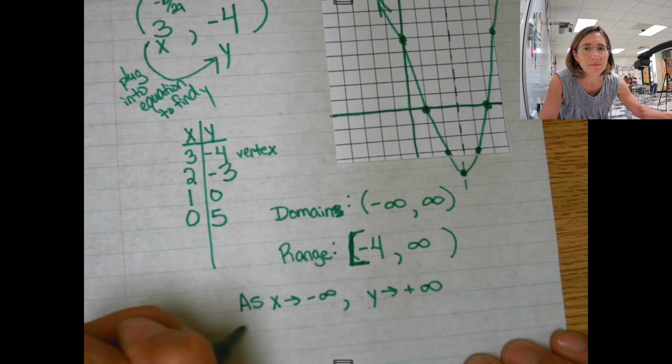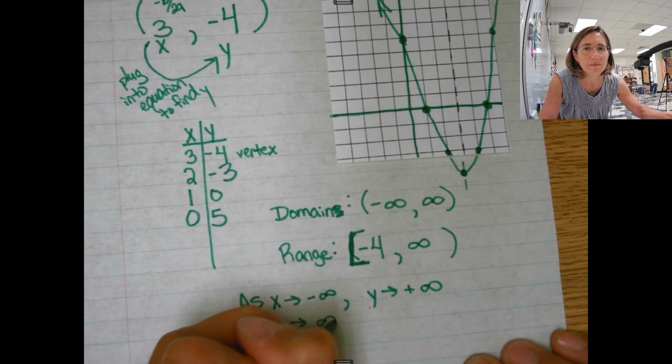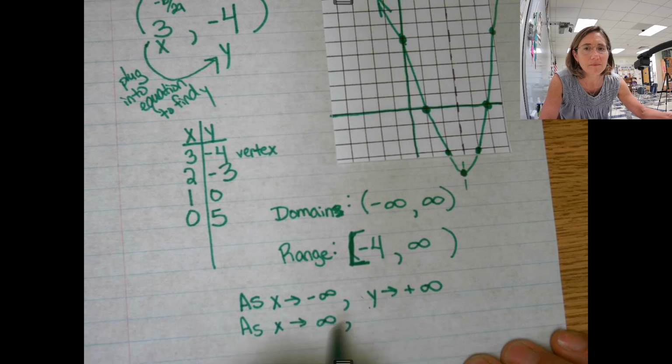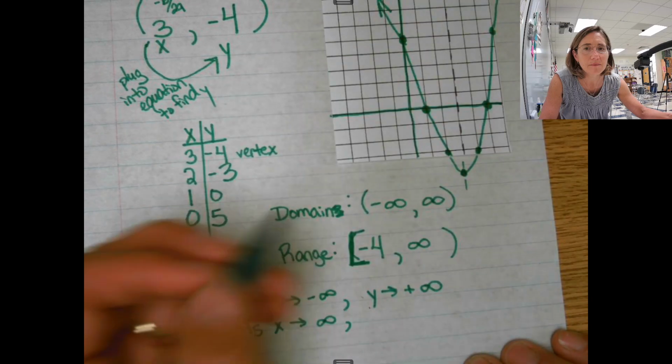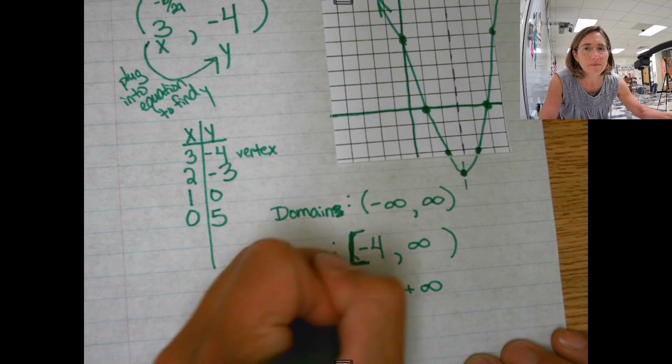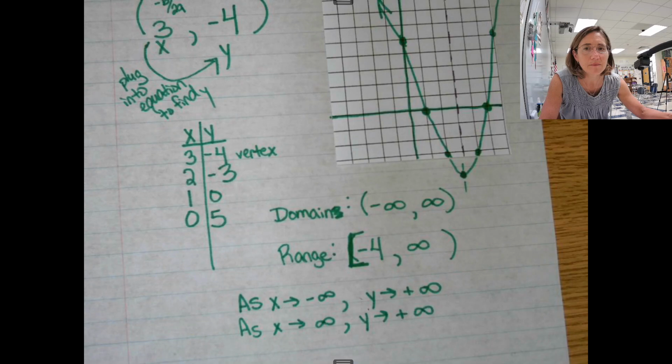So that's the left end. The fancy way of saying the right end is as x approaches positive infinity. That means you're heading right. So as I head to the right, what happens to my y's? Well, they also go up. So y's approach positive infinity on both ends. You can see the arrows go up on both ends. So that makes sense.